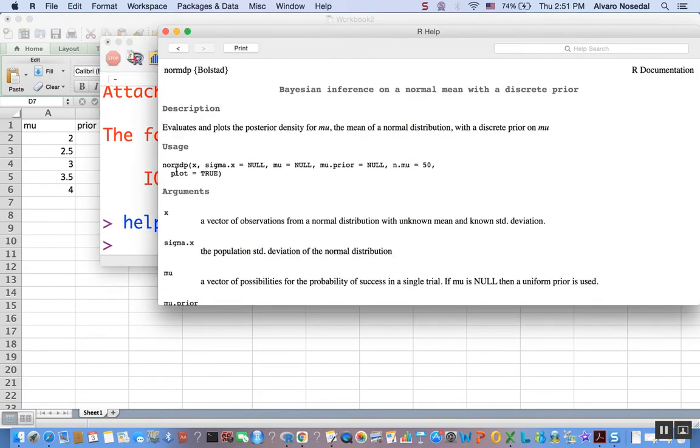So here we can see the syntax. We need x here. This would be just a single observation or a vector of observations, right?